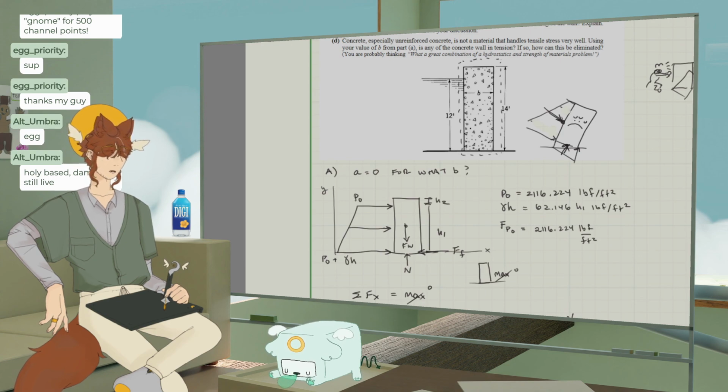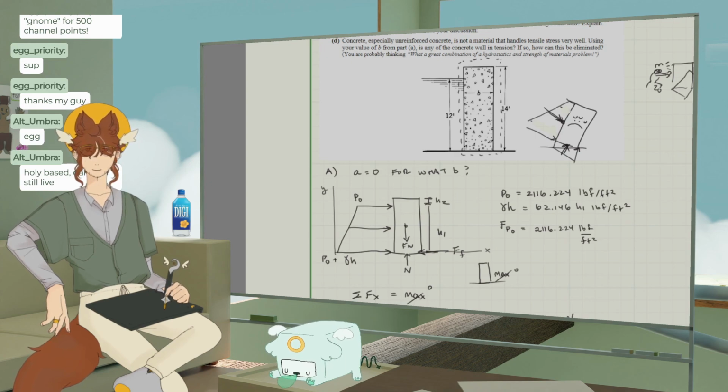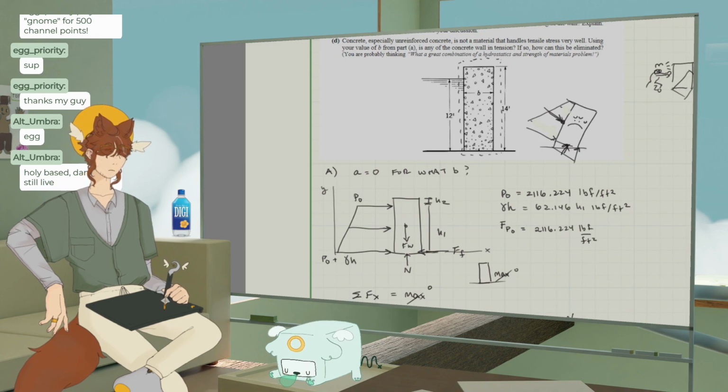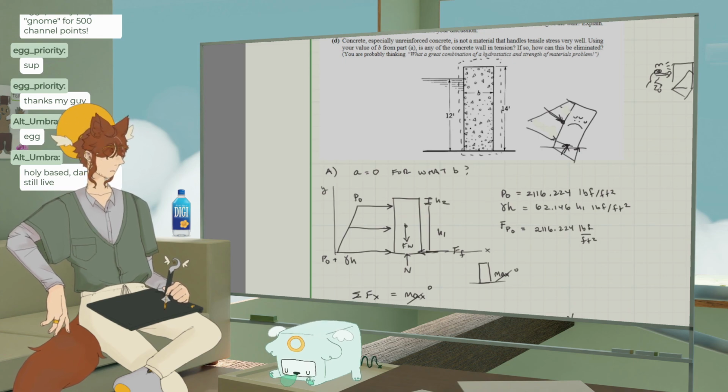So I'm trying to think, if we were to have a 3D surface, would that change anything about the pressure? Pressure only varies with, in our case, y height, right?